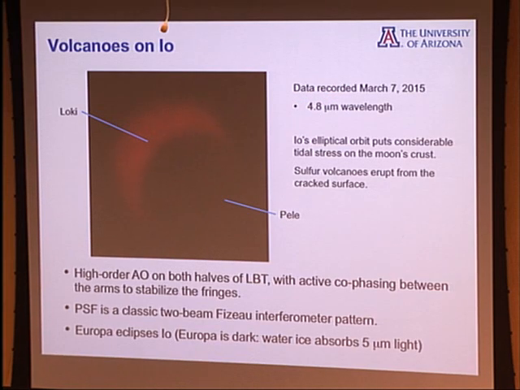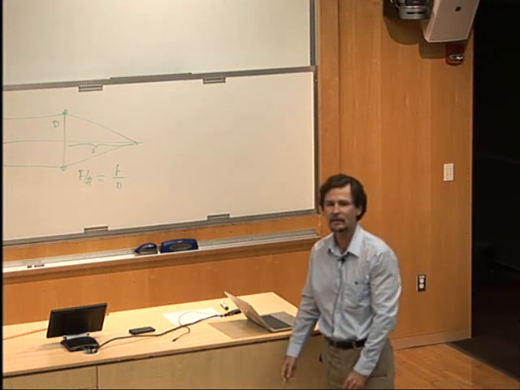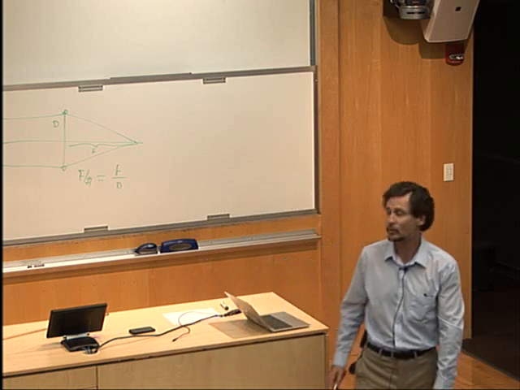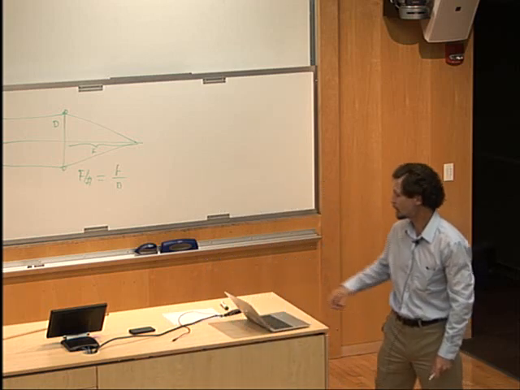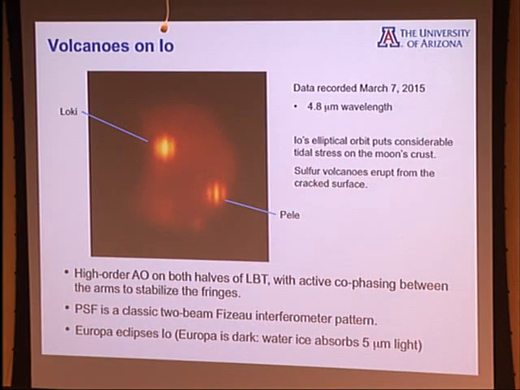Ice may be bright in the visible, but water has some very, very wicked absorption lines in the infrared. So at 4.8 microns, ice is black. And that's why Europa appears dark. So this is another example of local astronomy, solar system astronomy, where adaptive optics is allowing us to probe the astrophysics of what's going on with the volcanology of Io.